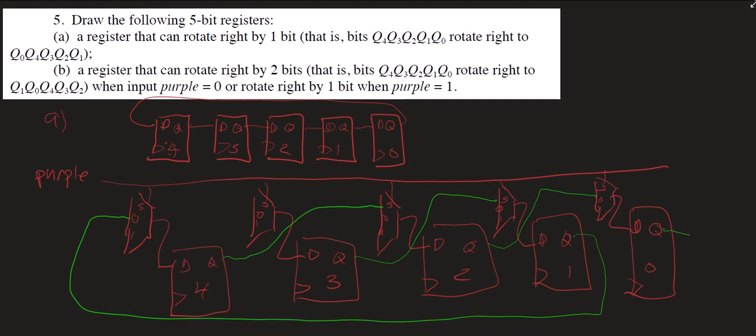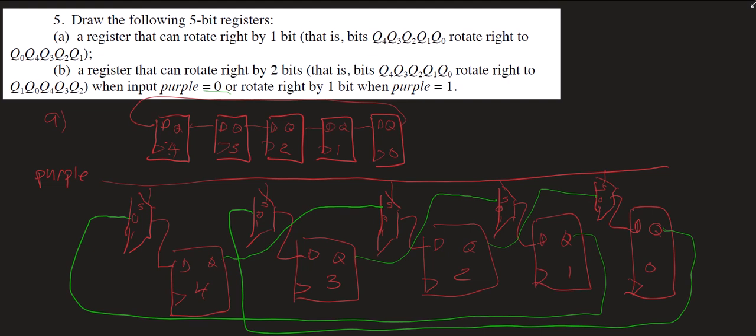And the 0 has to go back around and go to the 3. So each one just went over 2 and went into the 0 input of the multiplexer because it said when purple equals 0.